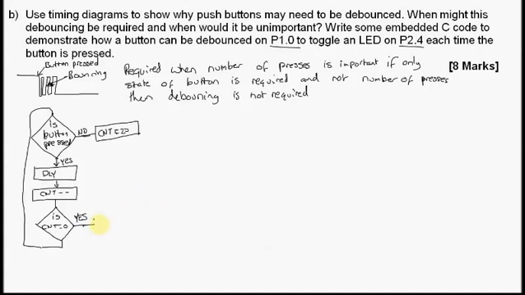So if it's equal to 0, we're debounced. We need to toggle the LED. So toggle LED. Once we've toggled the LED, we need to actually wait for the button to be not pressed anymore. Otherwise, we just keep on flashing the LED on and off. So we say, is button pressed?